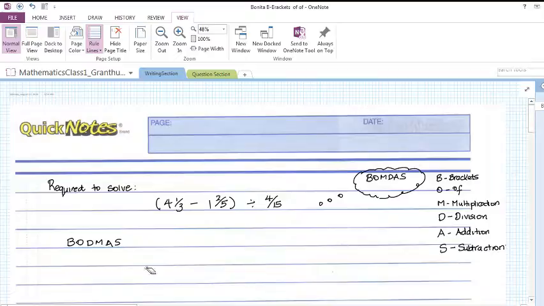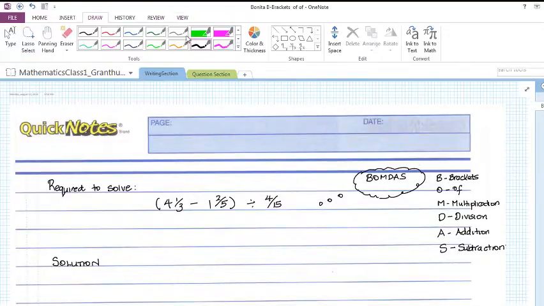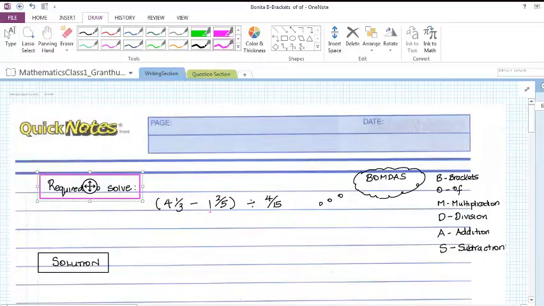So I'm required to solve that, so I state solution, and I do that so that anybody can see where your solution starts. So we know what you're required to find. You're required to solve this expression, and now we're going to work our solution.